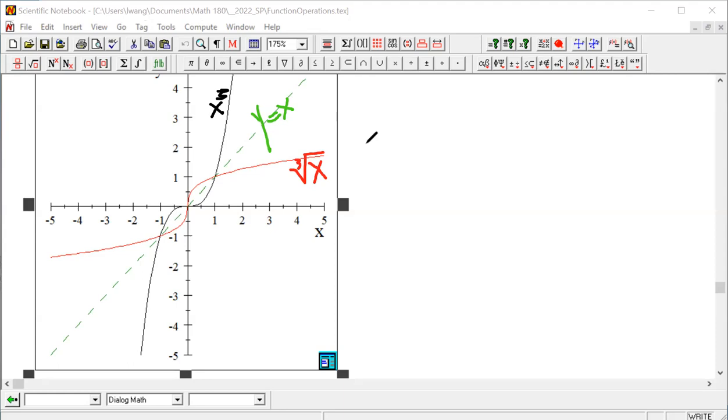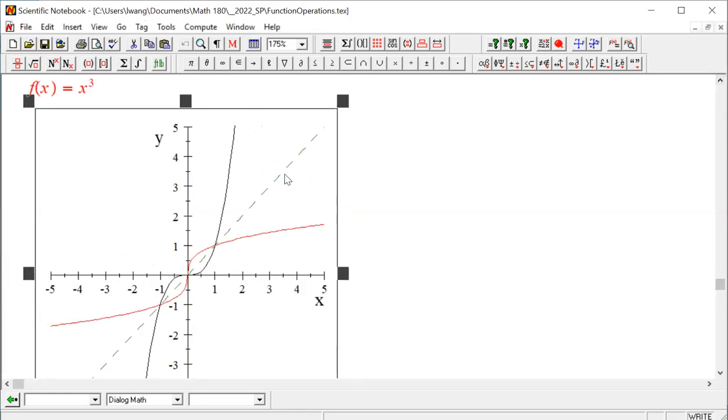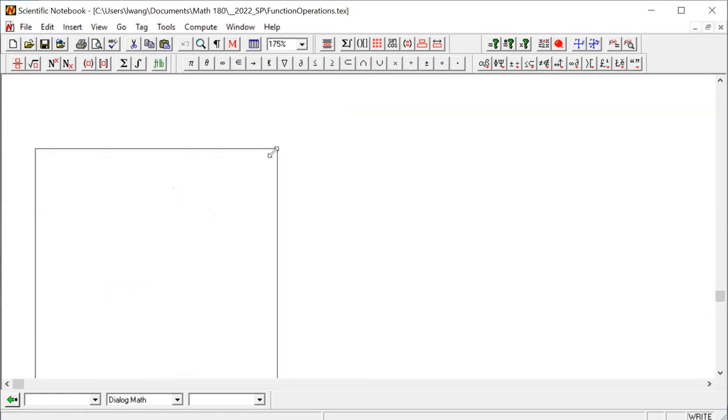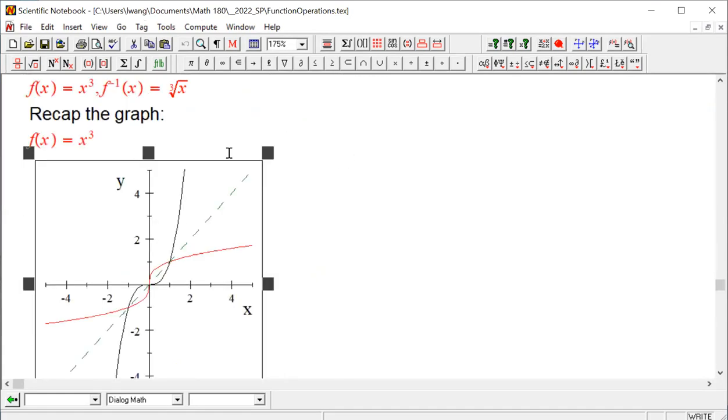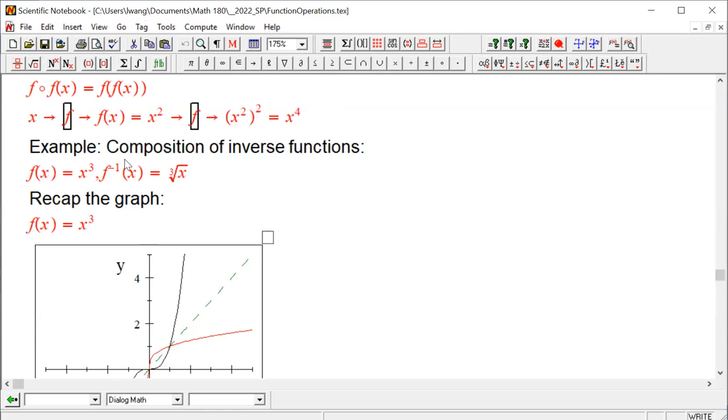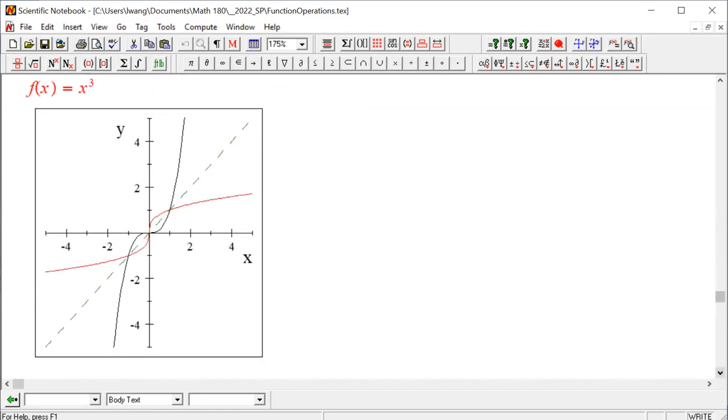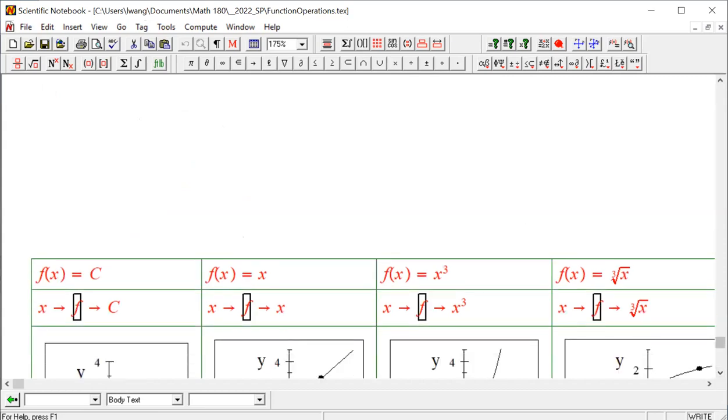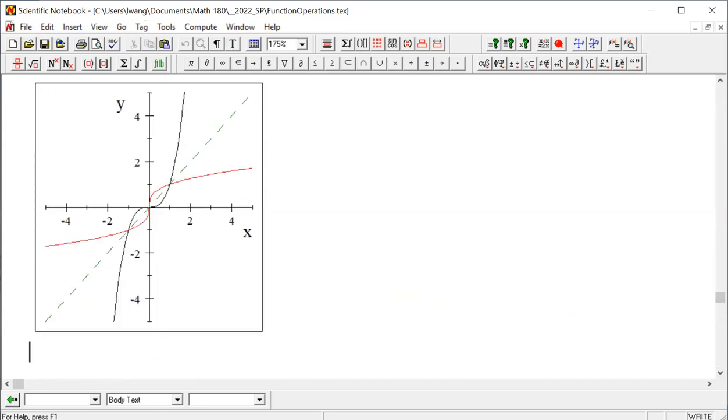Now, after we review this, how about their composition? We just talked about composition. What happened to their composition?